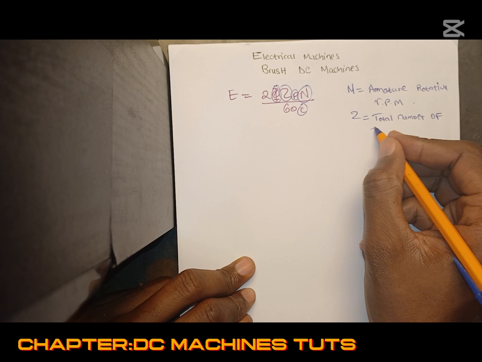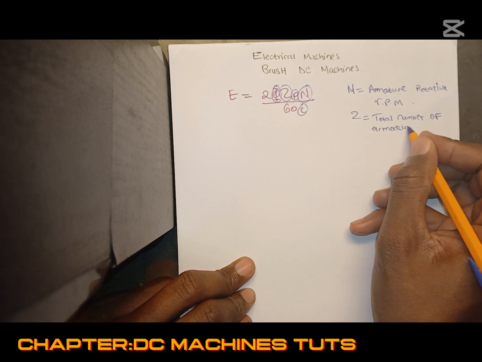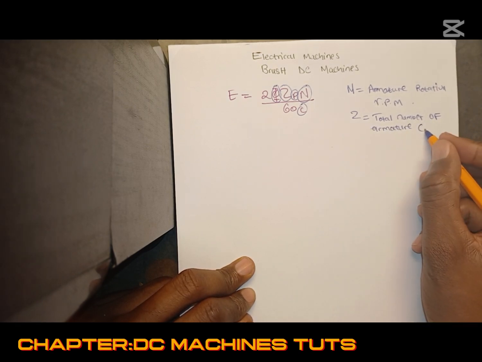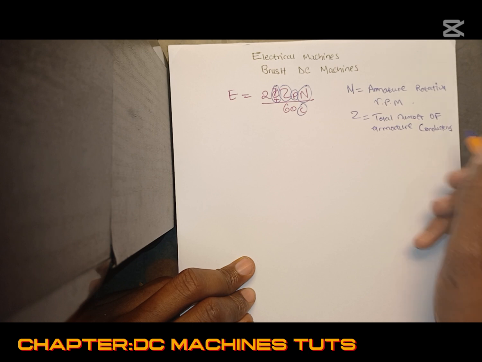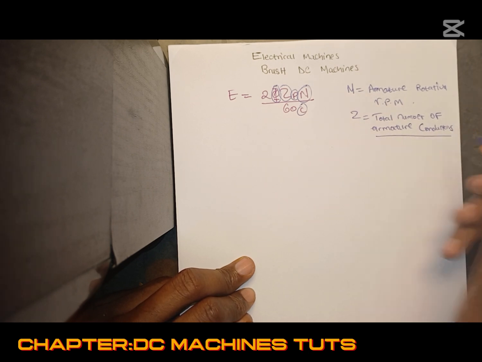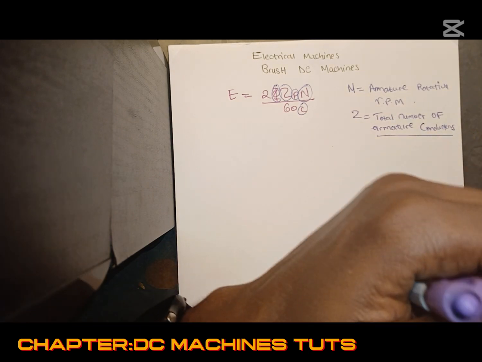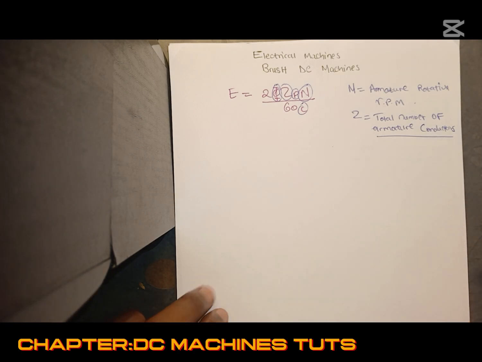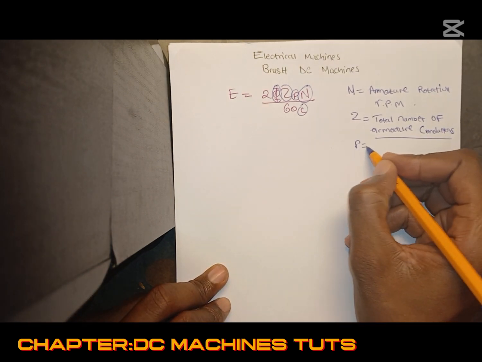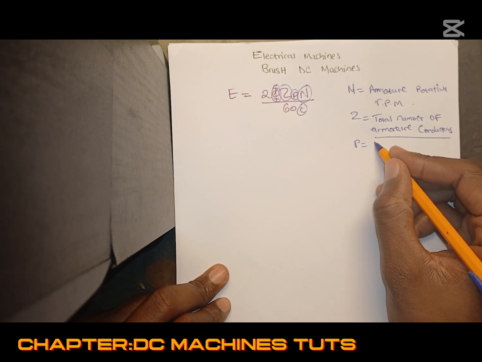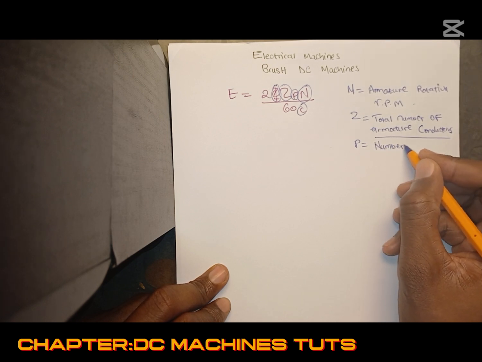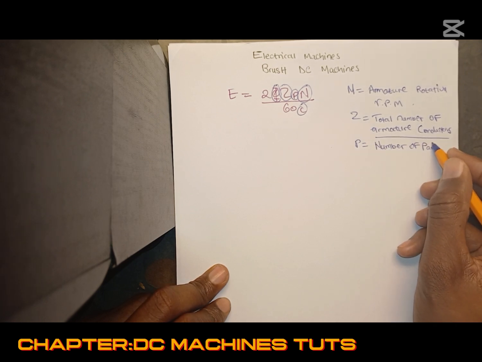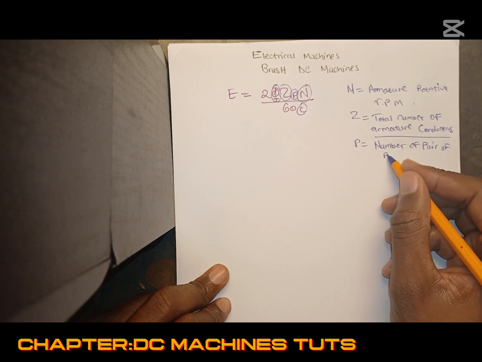Then Z is our total number of armature conductors, right? So you can call it number of conductors, because when they're asking questions, they can ask you to find the number of conductors, right? Now P, you can just assume those are number of pair of poles.